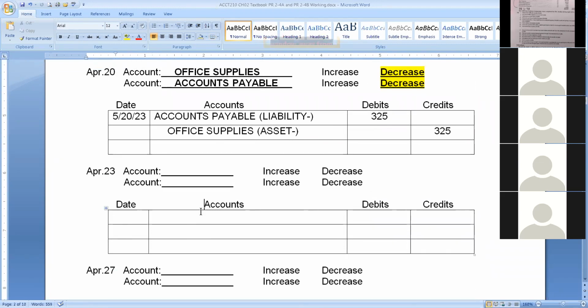April 3rd, paid advertising expense. Paid it with cash. Okay, expenses are always increasing.